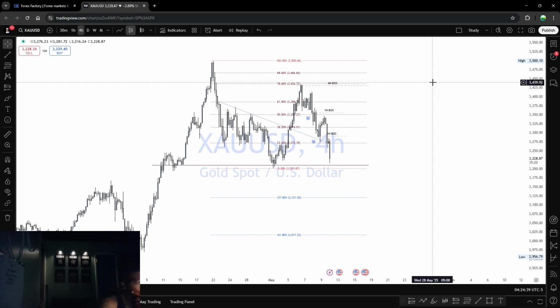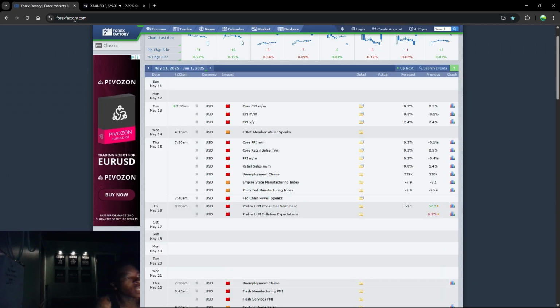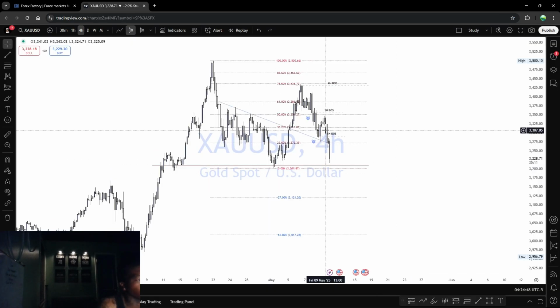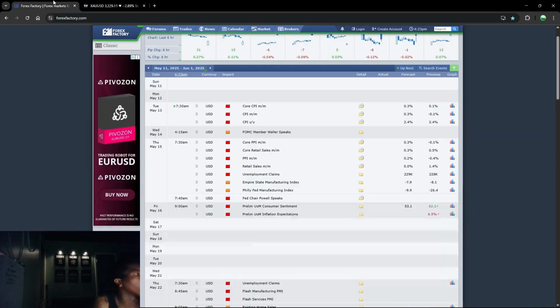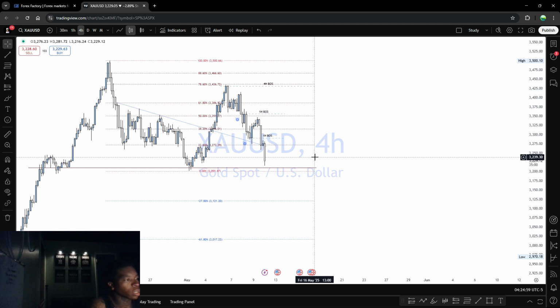Looking at this, I was like, okay, price is going to move, but we don't have any news on Monday. But you see, 2 a.m., huge volume, huge volume. So price still moves regardless of whether there's news or not, you know what I'm saying?